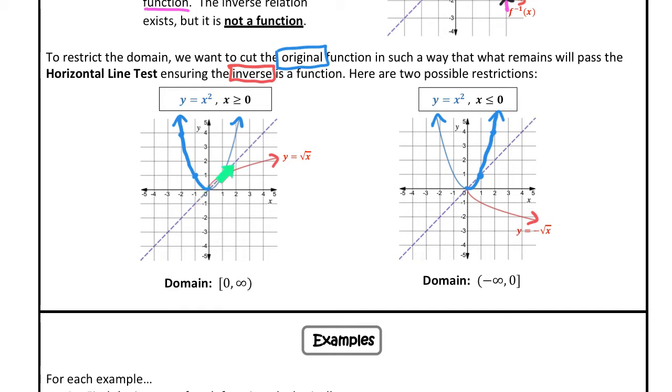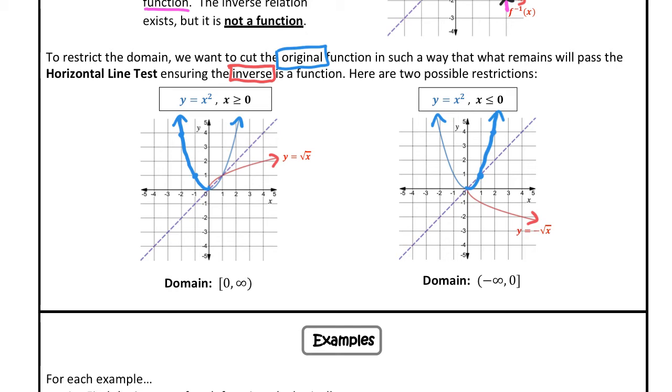But the square root of x has this shape. Remember 1, 1, 4, 2. And so the reason we restrict the domain is the blue graph is not going to be a good reflection if I graph the whole blue graph. It's not going to reflect how I want it to reflect along this purple line.